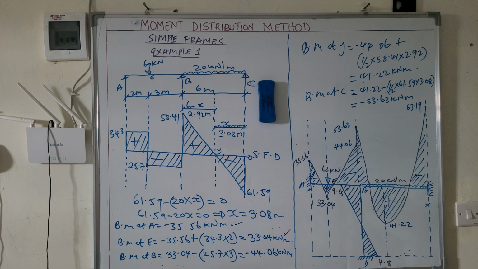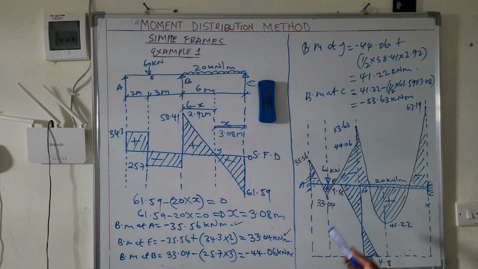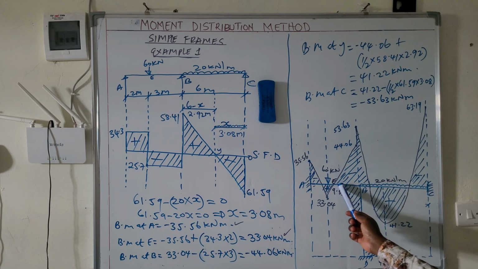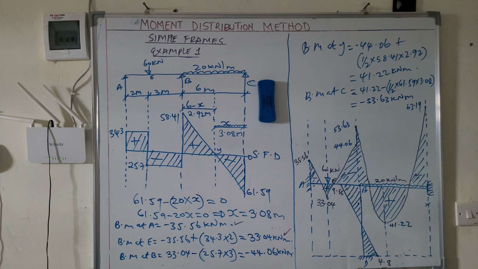So 9.55 is along this line because it is BD. So for BD, you approximate 9.55. And then we proceeded to point C. At point C, we had 63.19. Your approximate is here, 63.19. And then the last point is point D, member DB, we had 4.8 approximate.